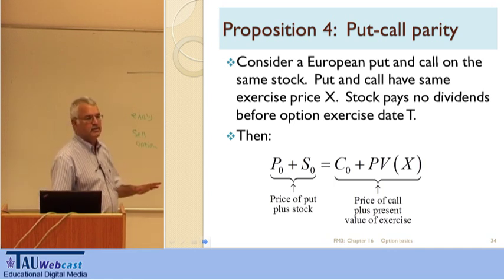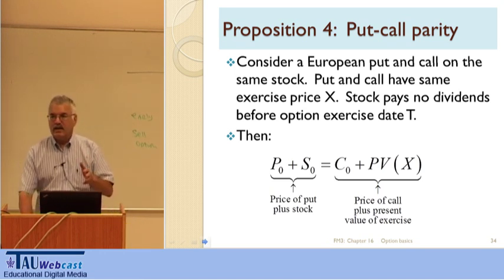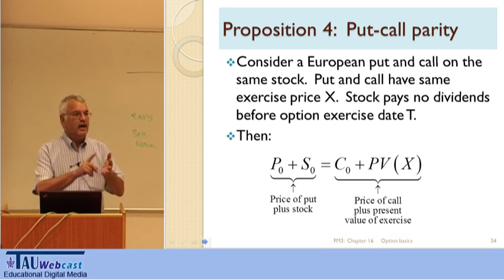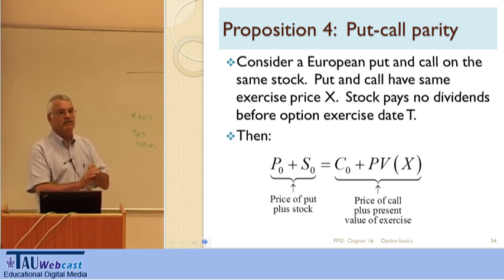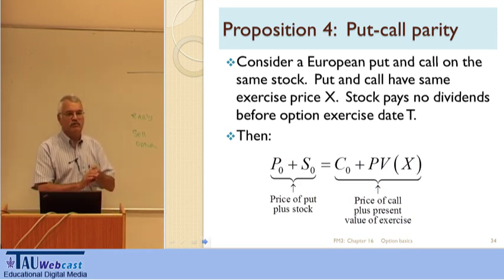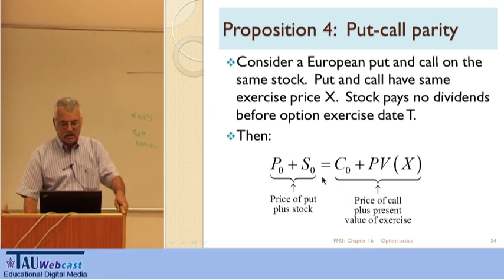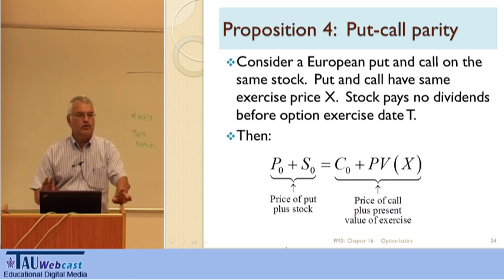I hope you know this already: if you take a put, a call, a bond, and a stock price, those are 4 things, then 3 of those determine the 4th one. One way to write this is the put plus the stock equals the call plus the present value of the exercise price. That's true, by the way, for European options.